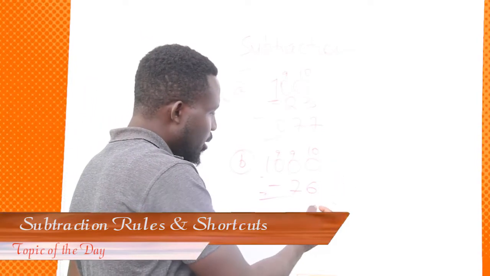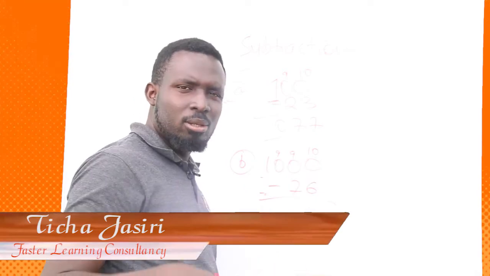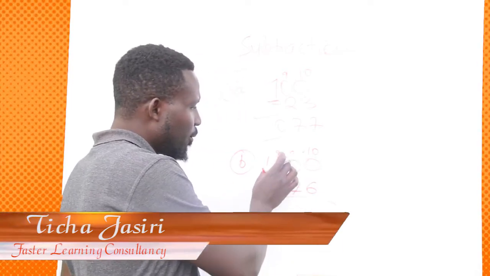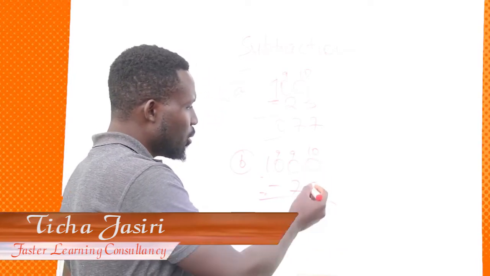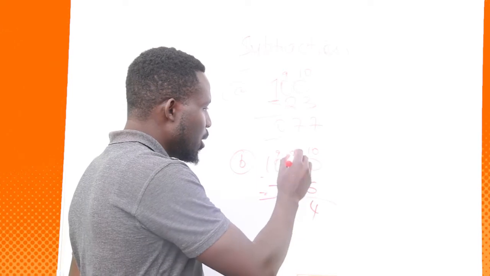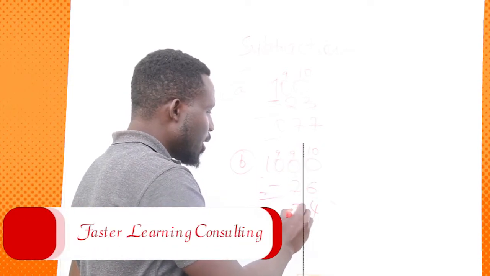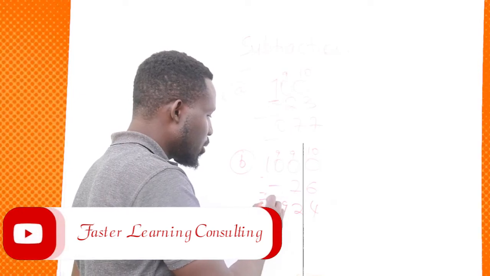So what am I going to say? I'm not even going to carry forward or borrow 1 from here. That doesn't work when you use sutra. So you're going to say 10 minus 6, you're going to have 4, 9 minus 7, you're going to have 2, and then 9, and 1 minus 1, you're going to have 0.